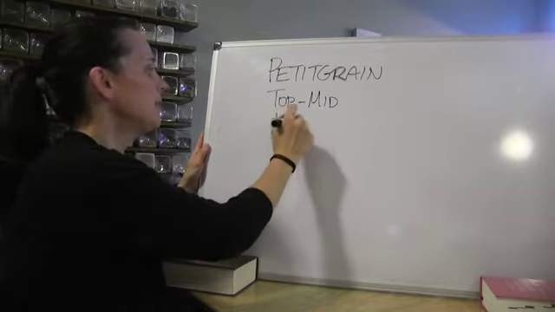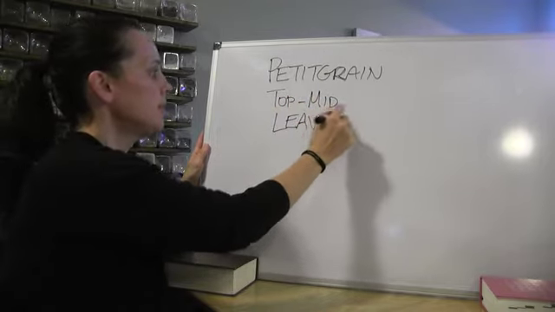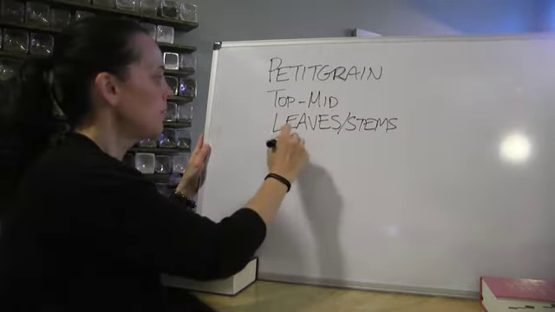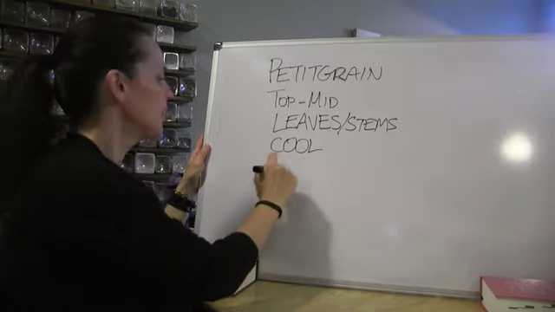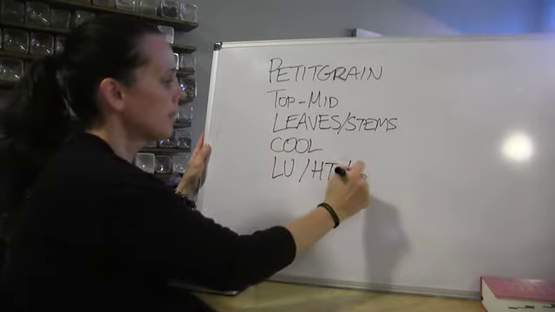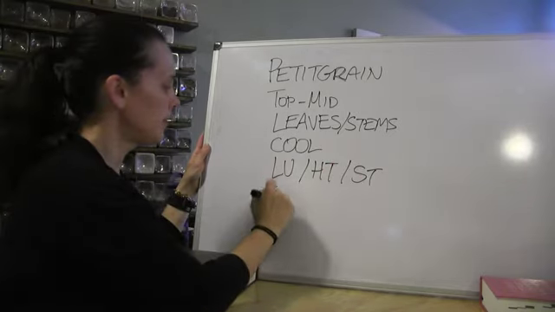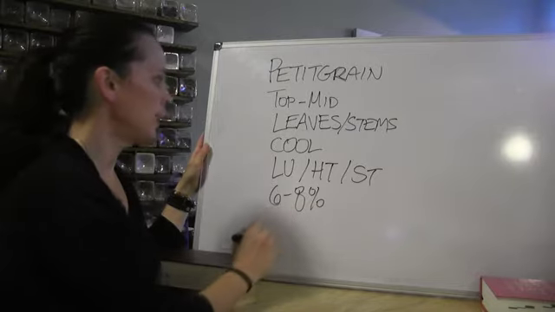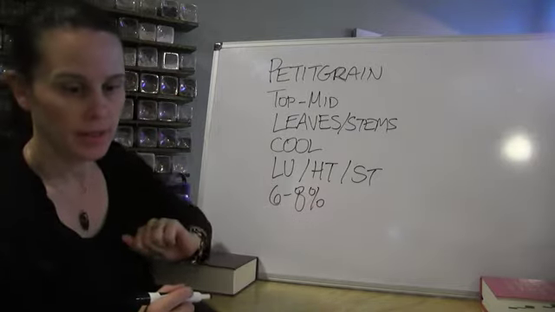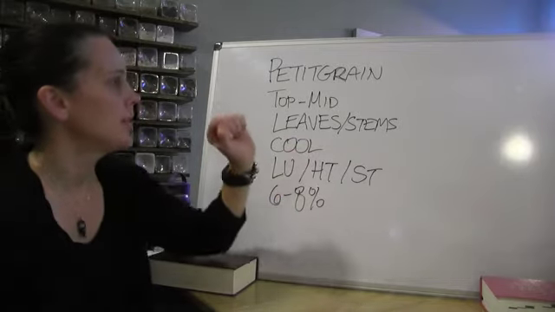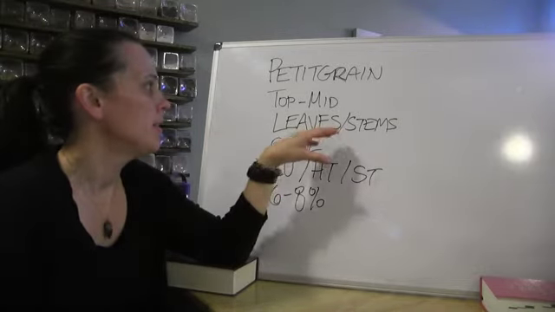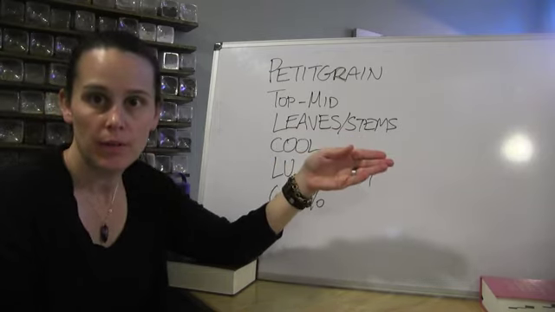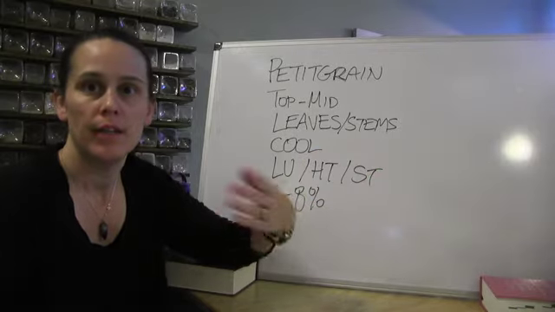The leaves and the stems are what is distilled. It is cool. Goes to lung, heart, and stomach. 6 to 8% dilution. And no contraindications, but a little bit of photosensitivity. And I think we talked about this, this is the leaves and stems of an orange tree. Orange is the peel, and then neroli is the flower.